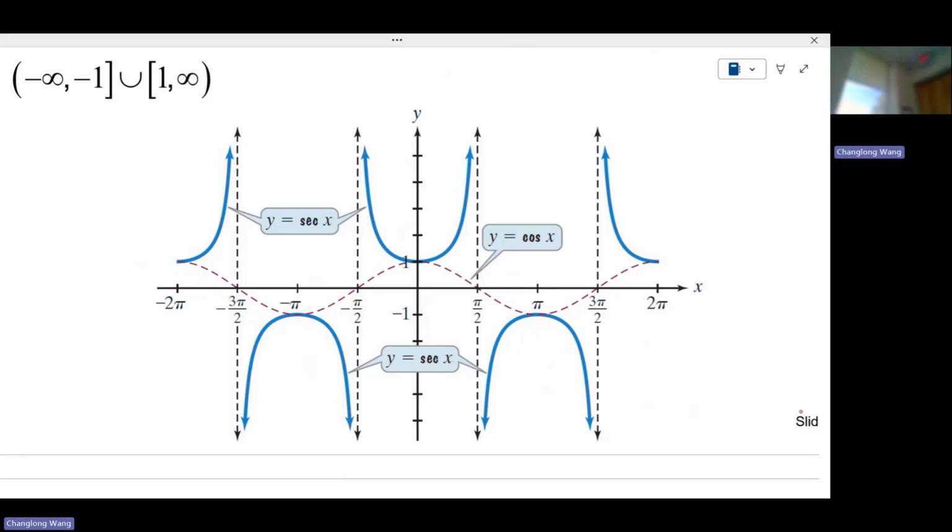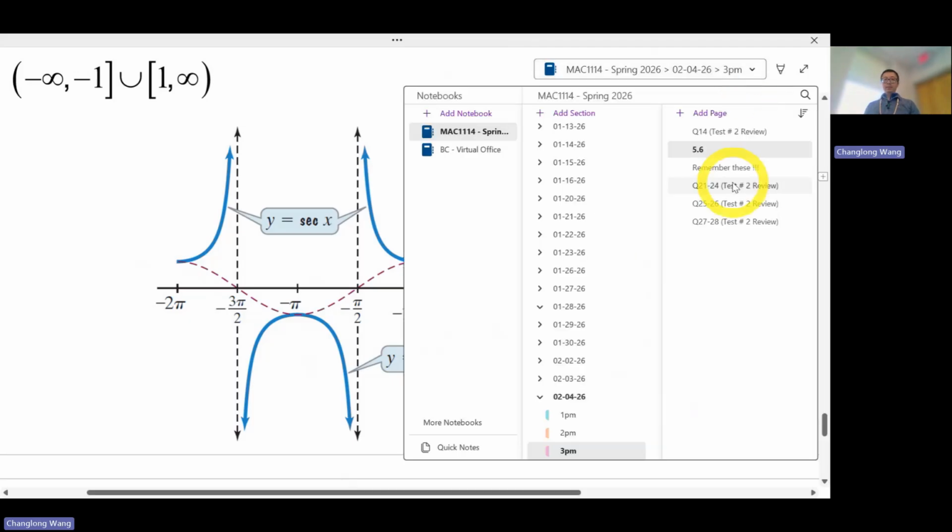No, right? And not to mention, why would you do that? You have a scientific calculator. Plug it in, and secant of pi over 4 is whatever it is. Therefore, we teach you the graphing skills so that later you'll understand the graph even better. Anyway, so now let's evaluate your understanding at this point.